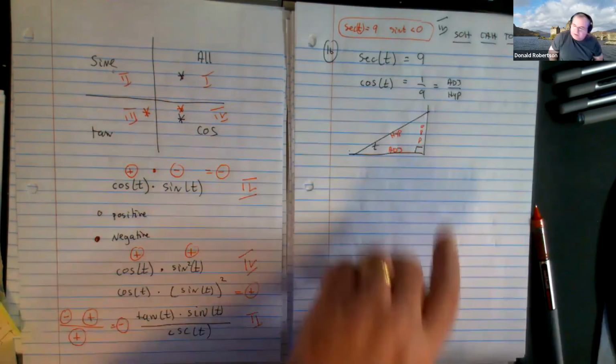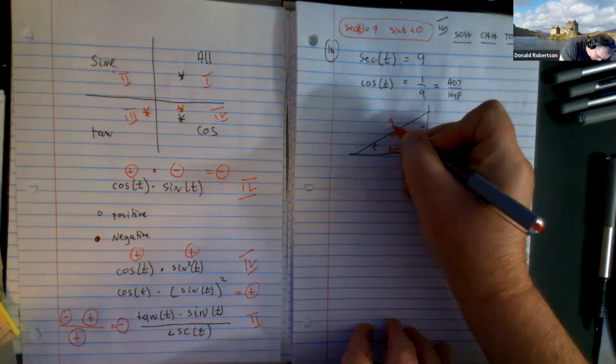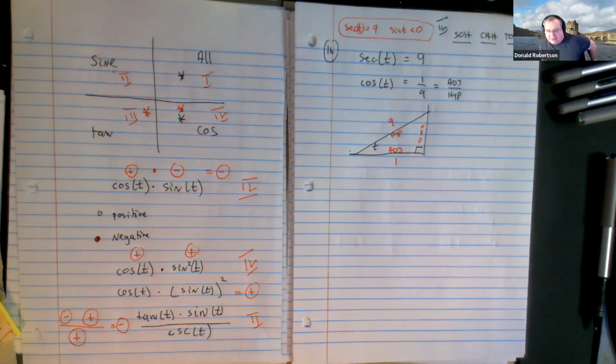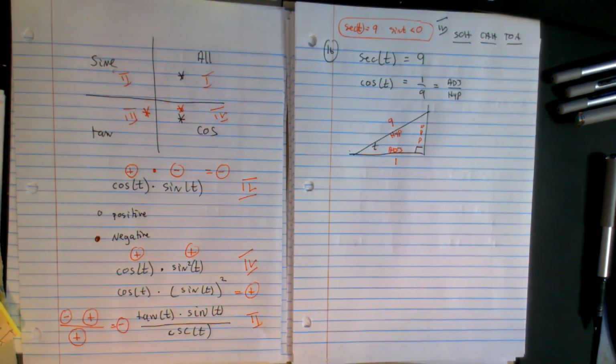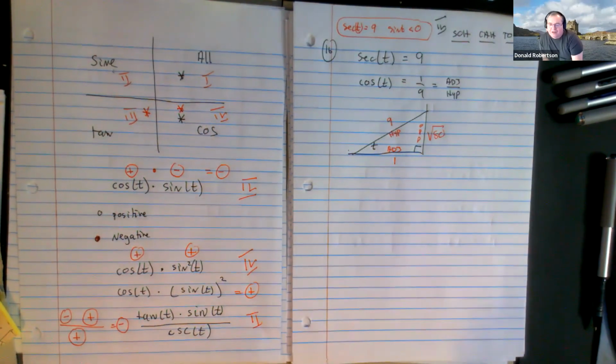So we're comfortable with that. So I know that this is 9 and this is 1. Now, are we going to add 81 and 1, or are we going to subtract 81 and 1 and then stick it inside the square root? This time it's subtract. So this time it's 80, right? So square root of 80.